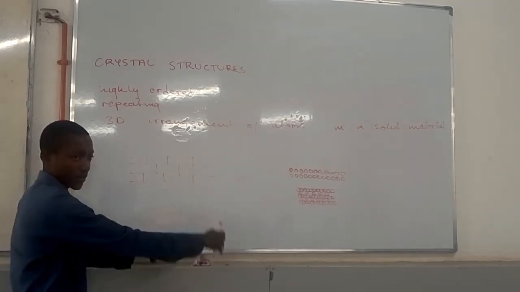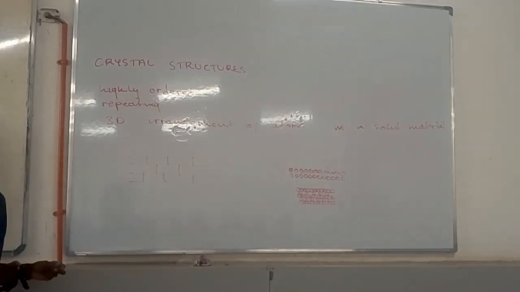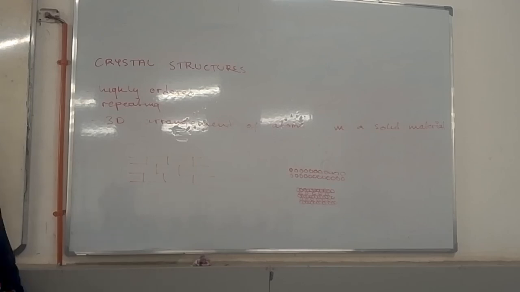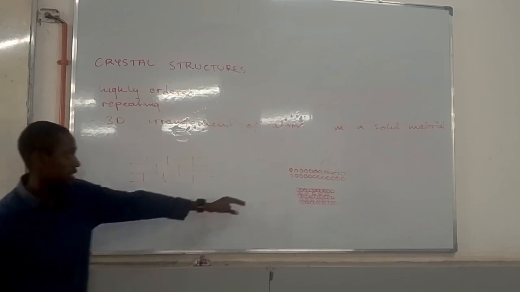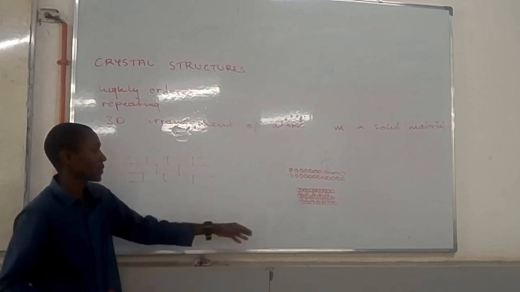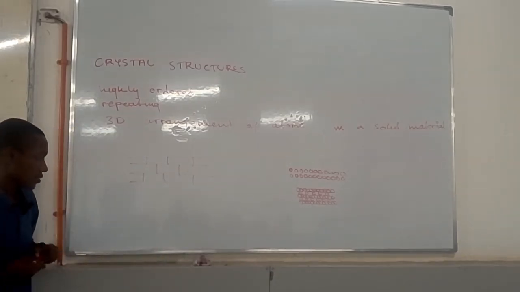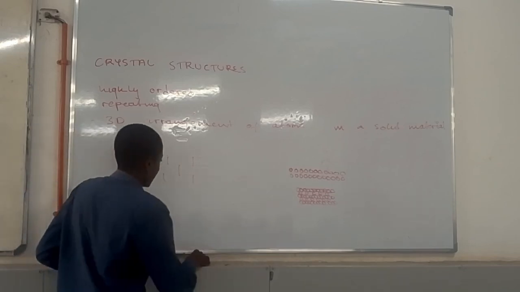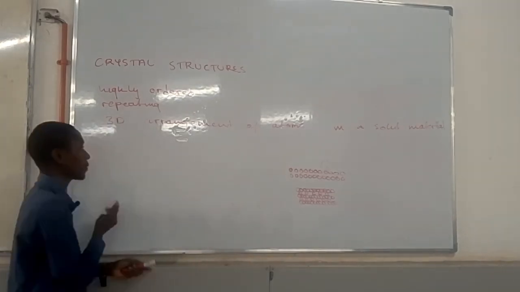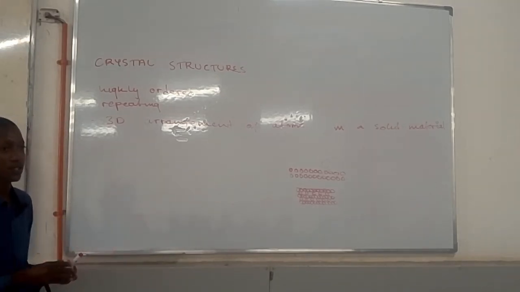So from this example, bricks, we're saying that when you put a brick, you lay another brick, you lay another brick, you keep on repeating that process. What you form is what we are calling what? A wall. Fine. So when you repeat the repeating unit of a crystal structure, what you form is a crystal structure. Okay, so what I mean to say is that crystal structures are made up of repeating units, and these repeating units, we call them unit cells.